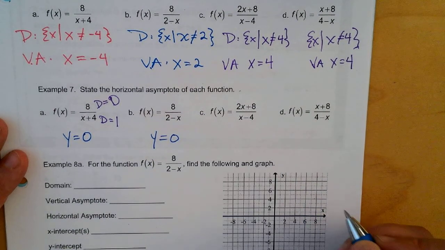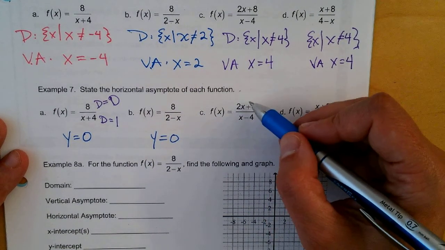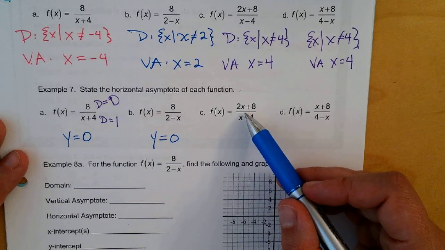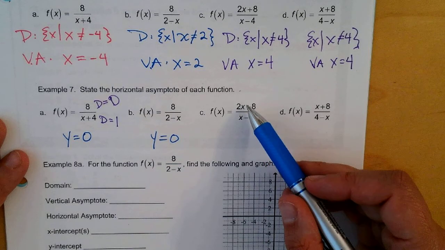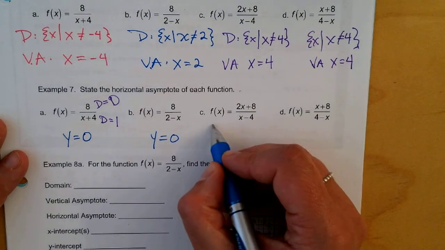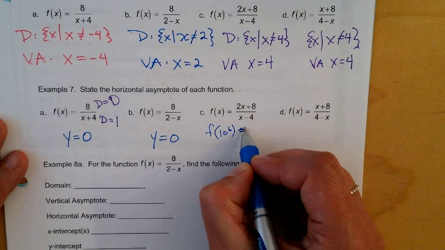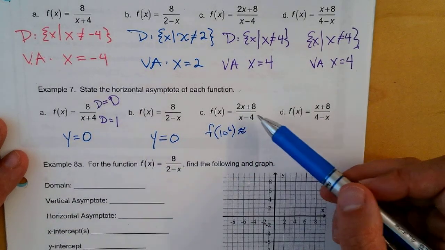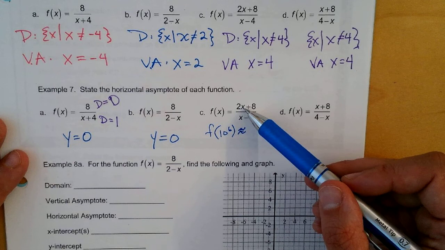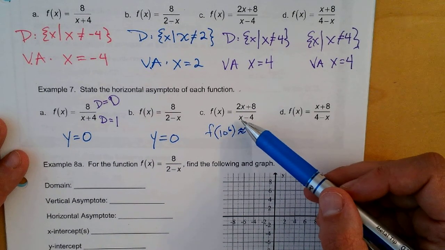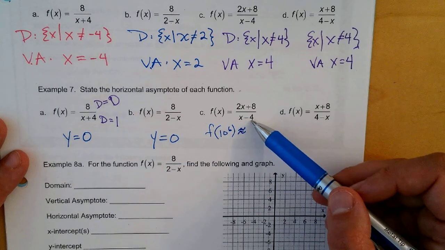So what's the horizontal asymptote here? y equals 0, good. Now, if you think about this as end behavior, what happens as x gets really big? Let's say we were to find f of a million, and I'm just going to approximate. Essentially, that's going to be 2,000,008 divided by 1,000,000 minus 4.